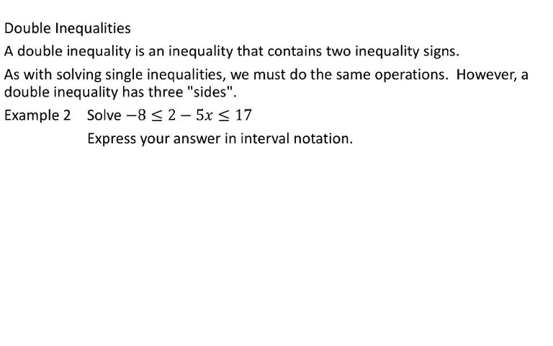So first step is the 2 in the 2 minus 5x needs to move. So we'll subtract 2 from all three sides.